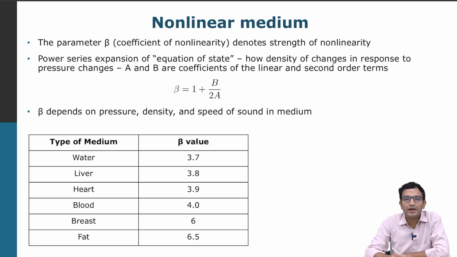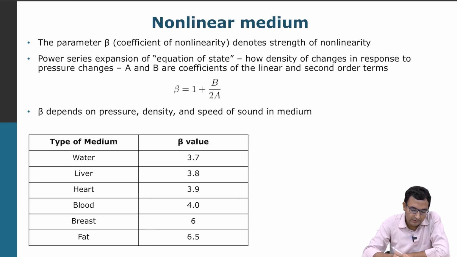Now we can ignore higher order terms for now, and if we take a ratio of these and we add this constant 1 to it, then we define a new parameter beta, which actually incorporates both B and A. Then the higher the nonlinearity in the medium, the higher will be the harmonic component relative to the linear component. So this is a metric of how nonlinear the medium is going to be.